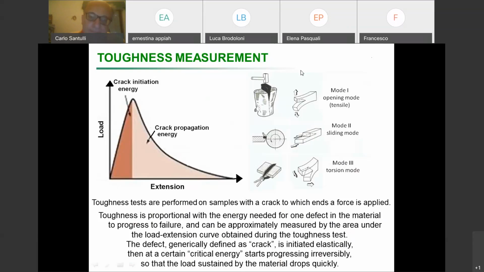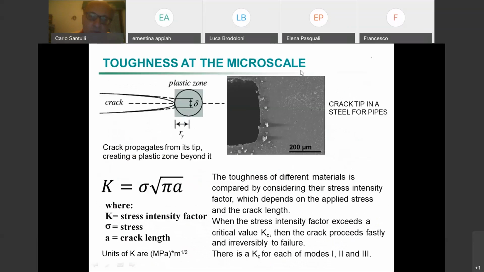of course, this was the micro scale, but at the macro scale. But at the micro scale, what happens if you look at the crack? The crack starts progressing irreversibly when a plastic zone is created at the crack tip. At the end of the crack, at the crack tip, a plastic zone is created, and then it progresses on its own.